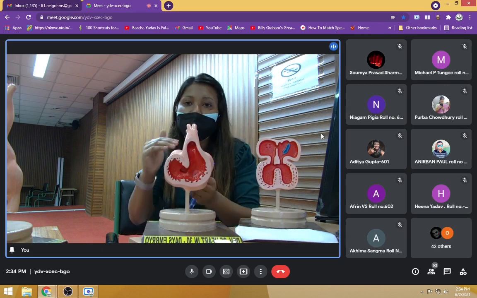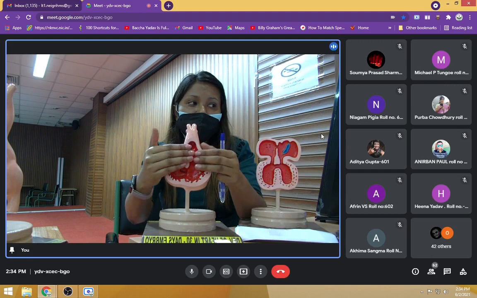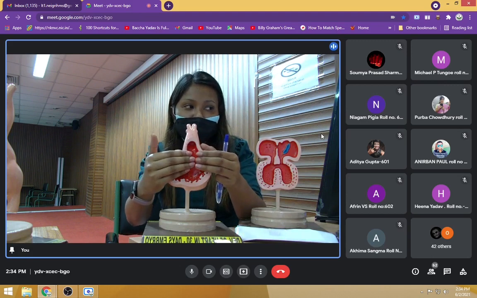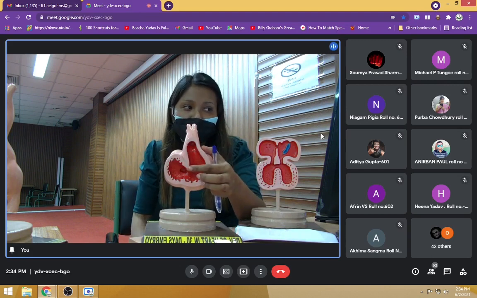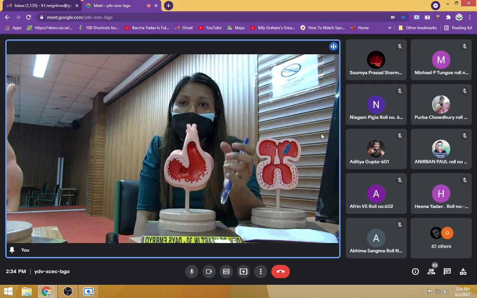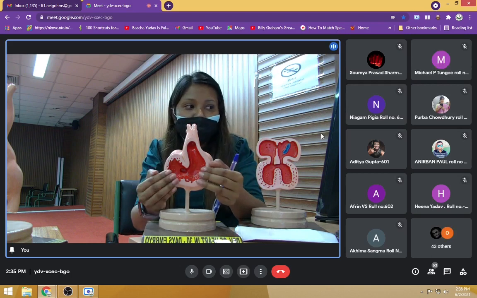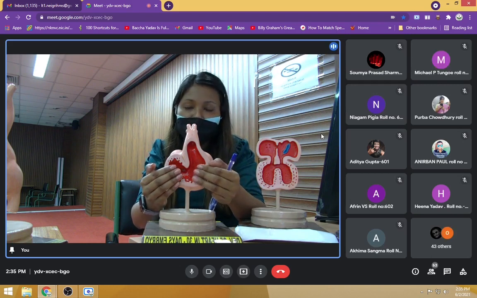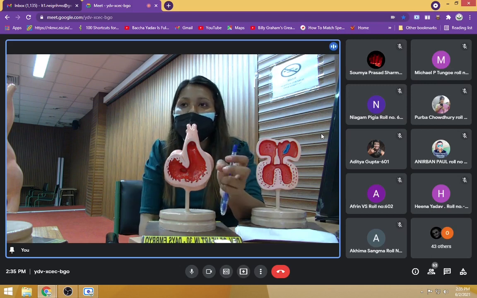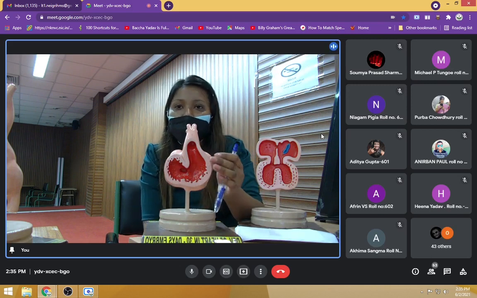They both combine and form the membranous part of the interventricular septum. The part coming from the wall of the ventricles is known as the muscular part. So both muscular and membranous parts form the interventricular septum.